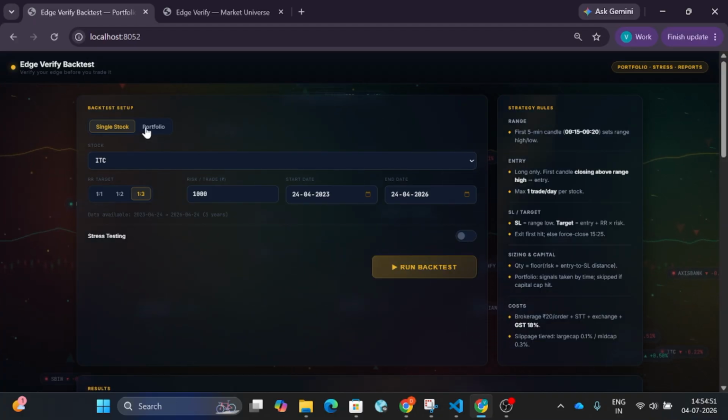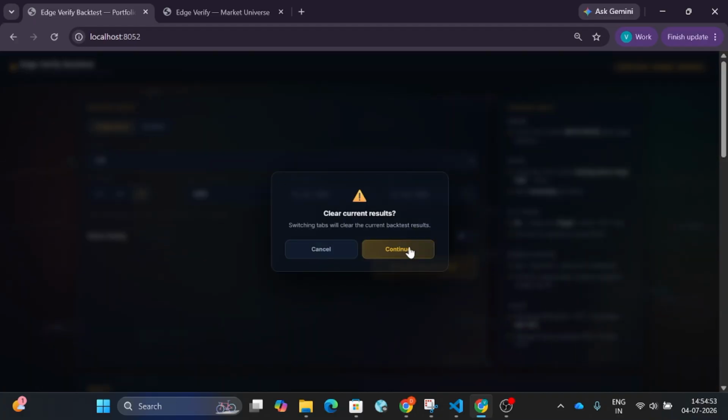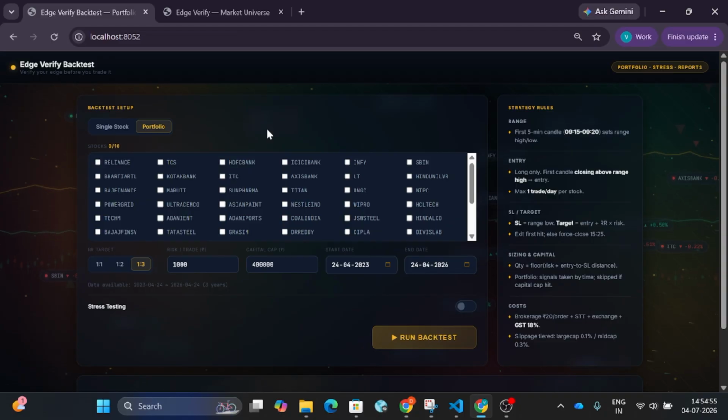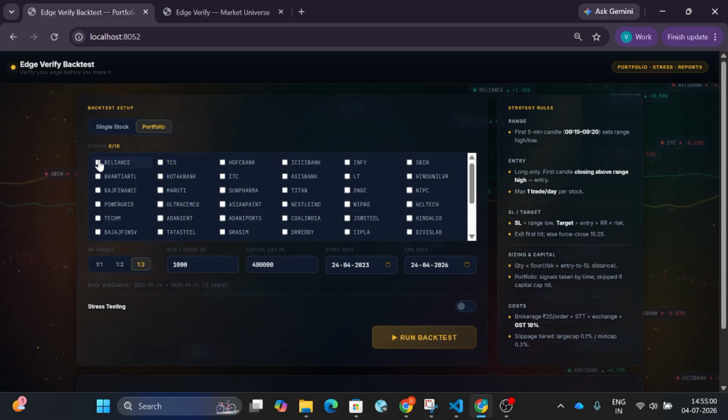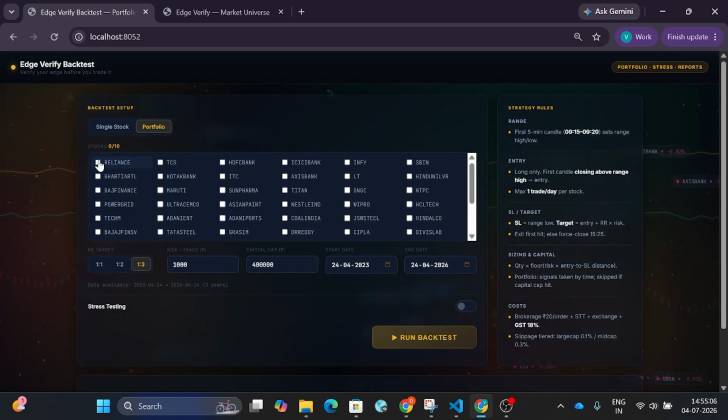If I select the next option, you can see portfolio. Someone may want to test on multiple stocks and make a portfolio-type strategy. It may happen that a strategy requires 4 stocks.